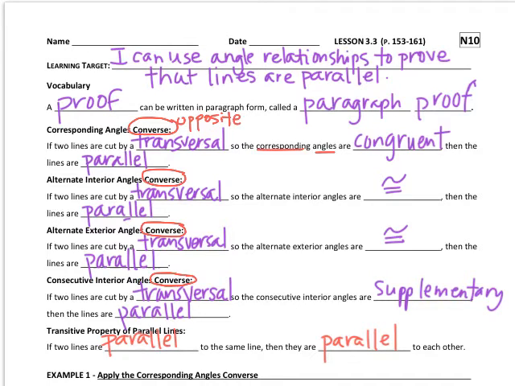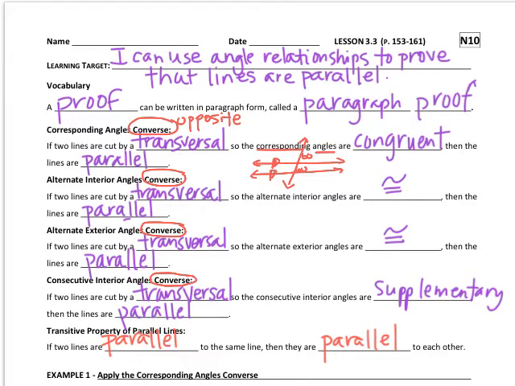So let me just go ahead and draw a little picture here. We don't have any parallel markings on these lines. Okay, so the reason that we don't have any parallel markings on the lines is because we're trying to prove that the lines are parallel. So if I have an angle measure of 60 here, an angle measure of 60 here, then I say, okay, well, those corresponding angles are congruent, so now I know that these lines are parallel.